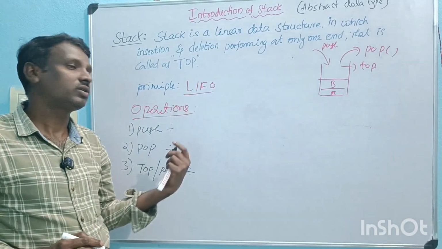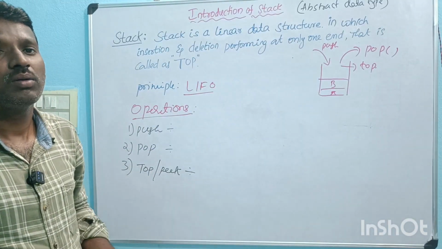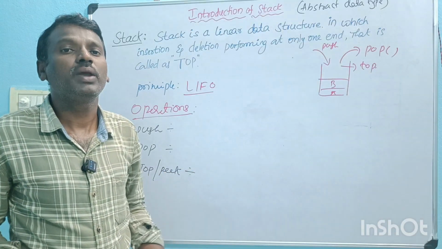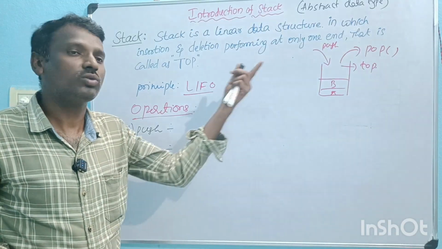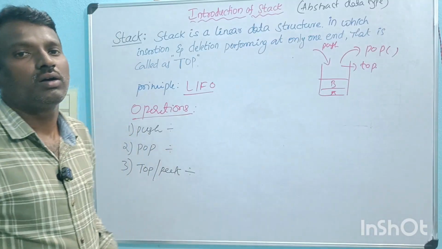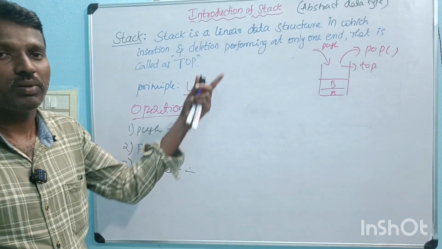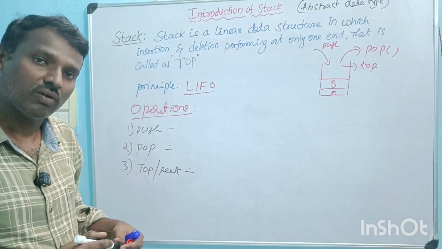We apply the top operation or peek operation. It will reflect which element is available at the top of our stack. That element will be displayed as the output of our stack.